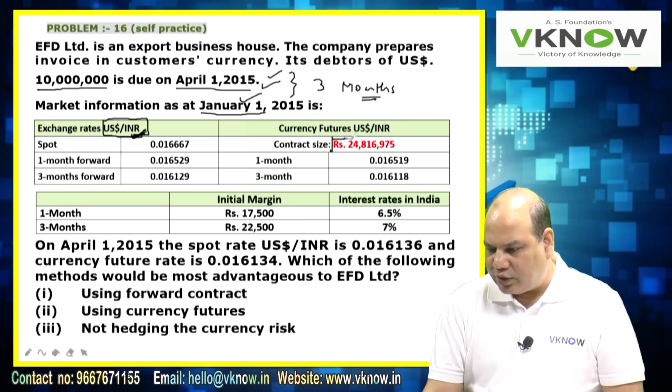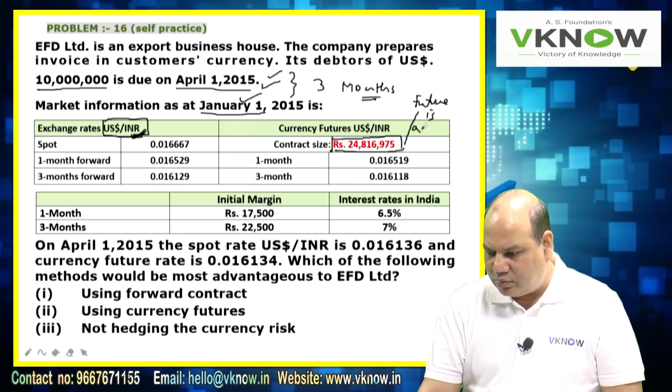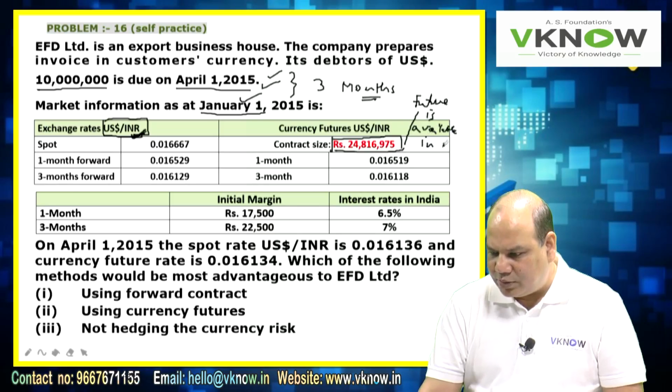The contract size, it is in rupees. So what we will do, we will interpret this as future is available on which currency? Future is available in rupees, because rupee contract size is given. Problem, but the figures this time are quite bigger ones.